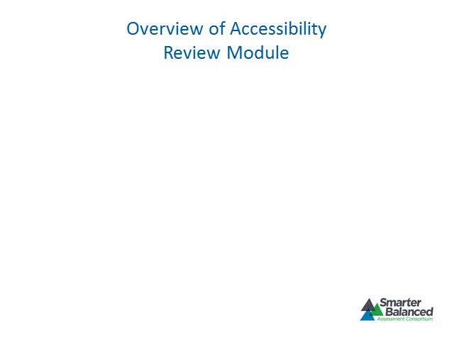This module focuses on several topics that members of the Accessibility Review Committee should be familiar with prior to examining the accessibility of the items and tasks that have been developed for the Smarter Balanced Assessment System.